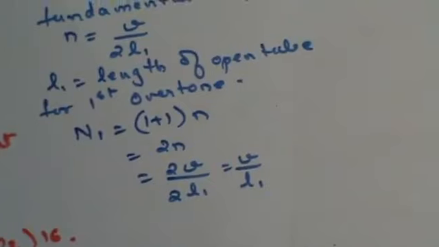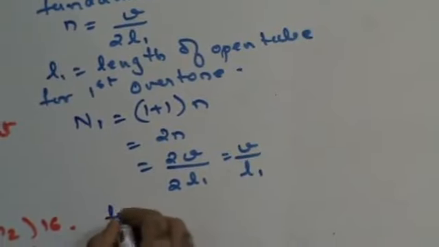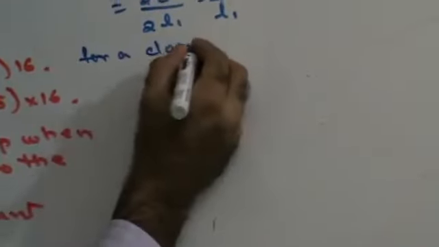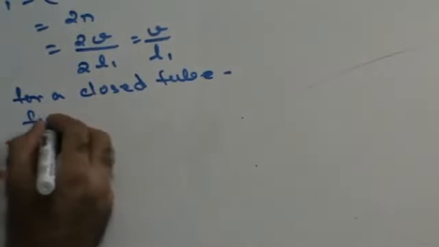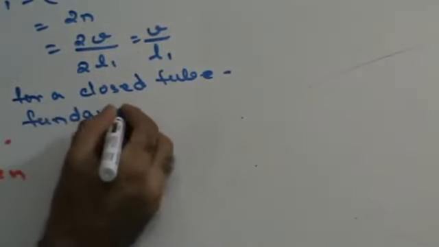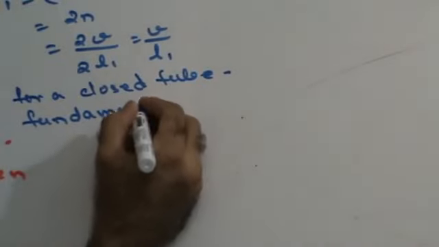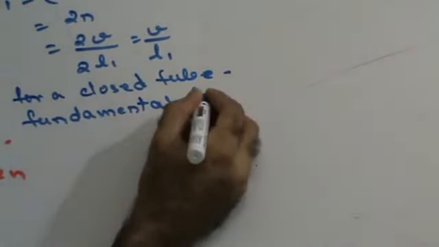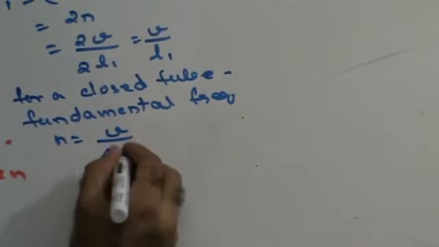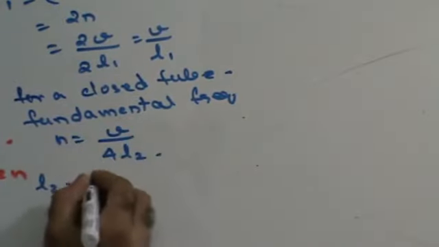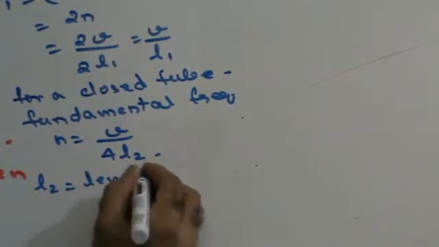Now, for a closed tube, the fundamental frequency N is nothing but V upon 4L2, where L2 is the length of the closed tube.